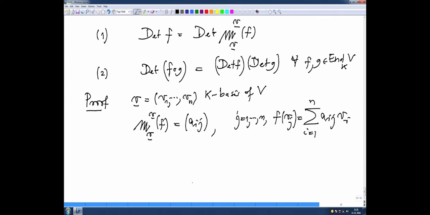Okay, and what do we want to prove? We want to prove this determinant equal to this. Remember, this determinant is defined by what happens?